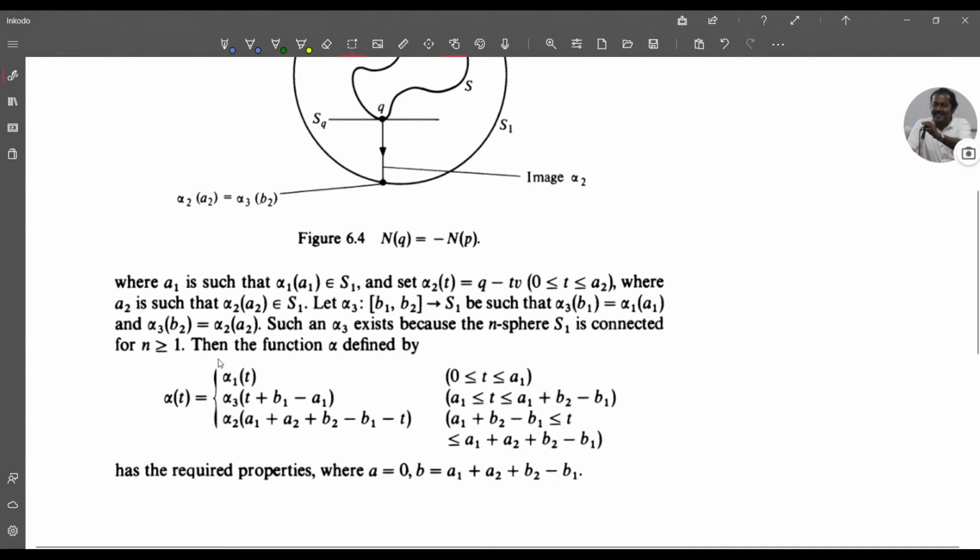So alpha of t is defined as alpha 1 of t for 0 less than or equal to t less than a1, and alpha 3 of t plus b1 minus a1 in the interval a1 less than t less than a1 plus b2 minus b1, and alpha 2 of a1 plus a2 plus b2 minus b1 minus t if a1 plus b2 minus b1 less than or equal to t less than or equal to a1 plus a2 plus b2 minus b1. Now you can see that this alpha of t has the required properties, where a is 0 and b is a1 plus a2 plus b2 minus b1.